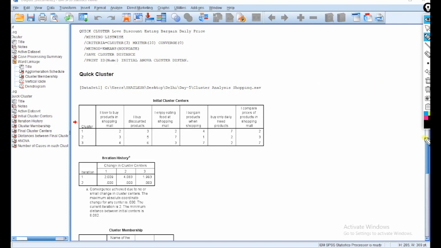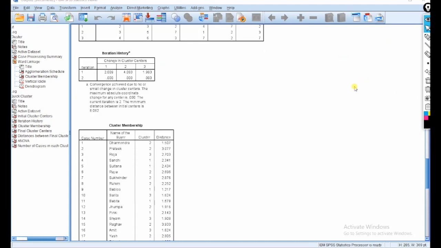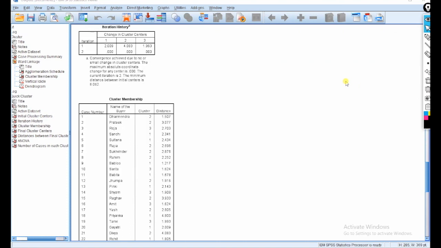Next table is the iteration history. There are 3 clusters in the iteration history. Iteration 1, change in cluster center.